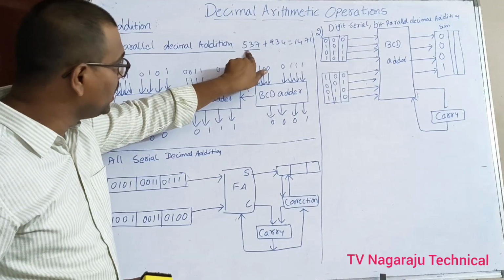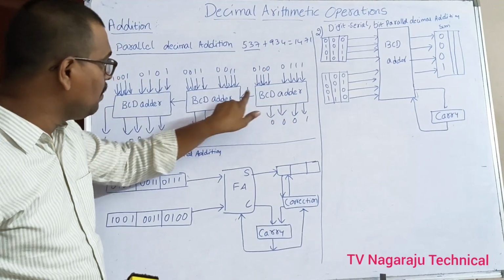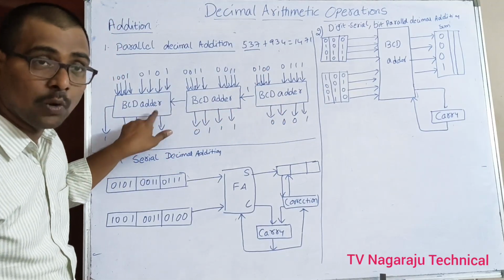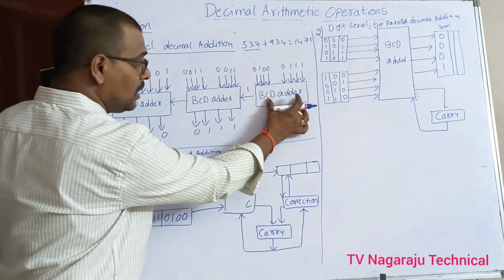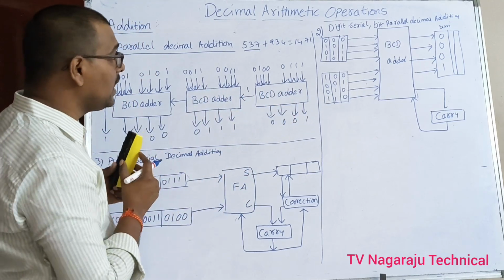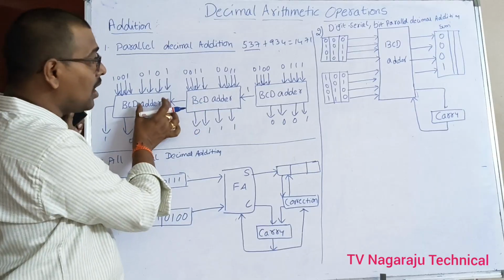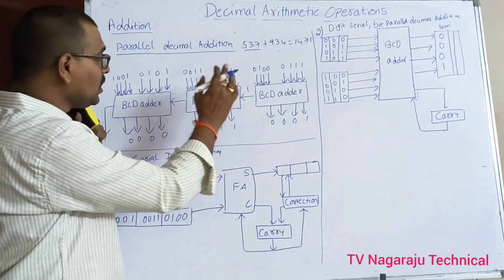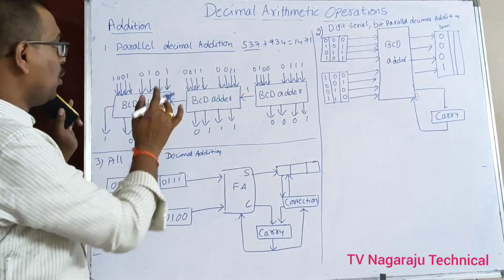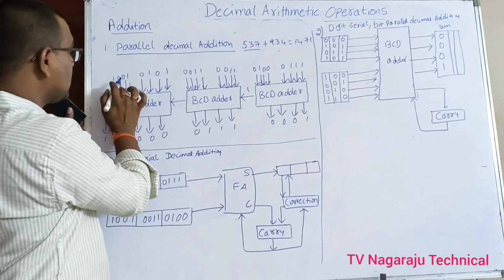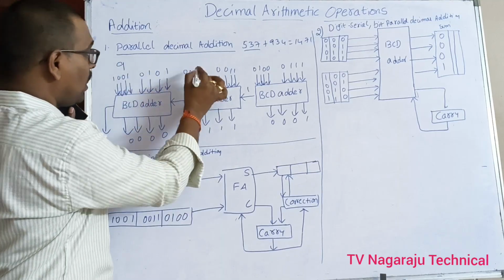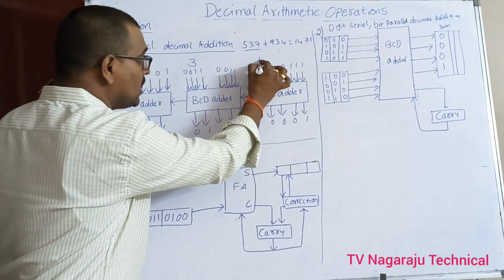So it is a 3-digit number. So 3 BCD adders are required. Now if you observe carefully, the first BCD adder, what does it do? Second BCD adder, third BCD adder. Okay? Suppose here, what is this value? 9. What is this value? 3. This is 4.